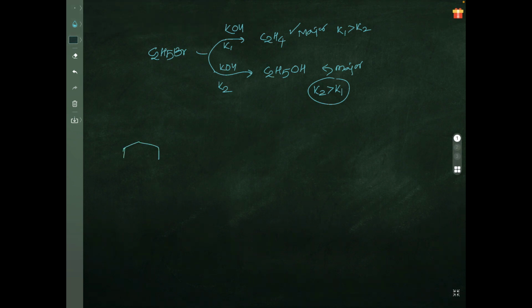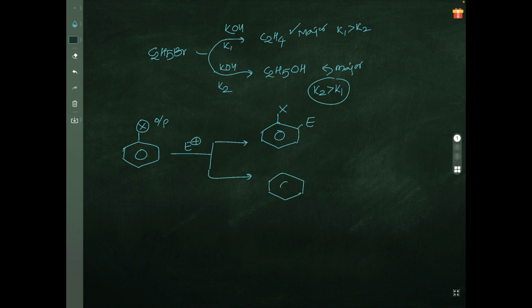We know this reaction. For example, we have some X group here, which is an ortho-para-directing group, and you are going for electrophilic aromatic substitution. Then there is a possibility of getting E at this place and at the para place. So when these kinds of reactions are happening, you can call them parallel reactions, parallel path reactions.